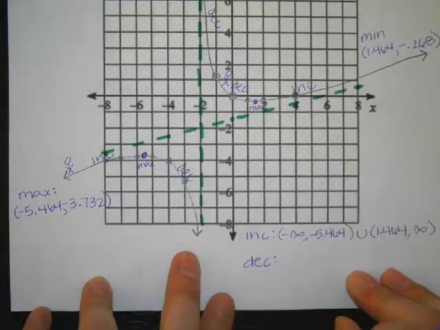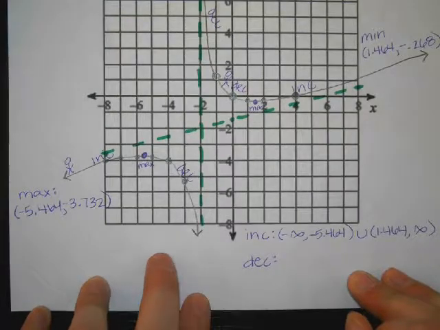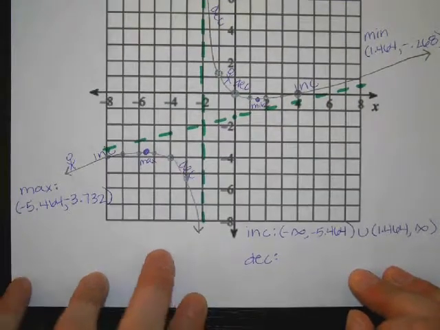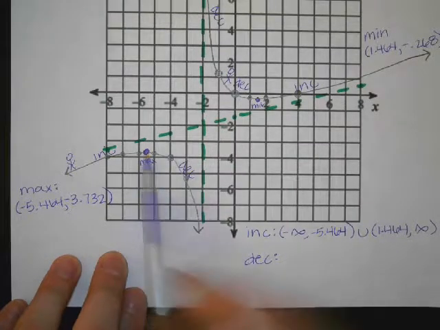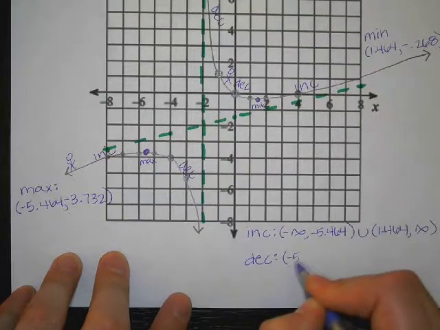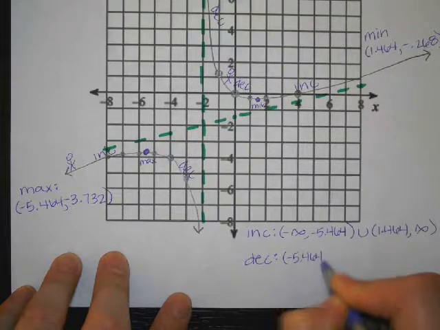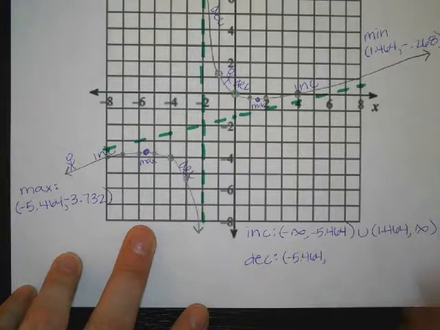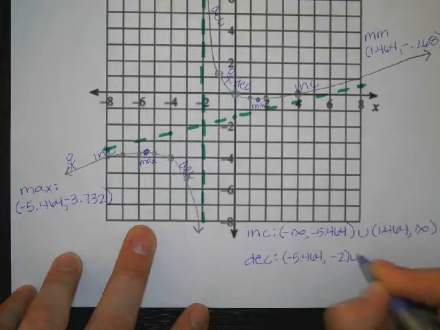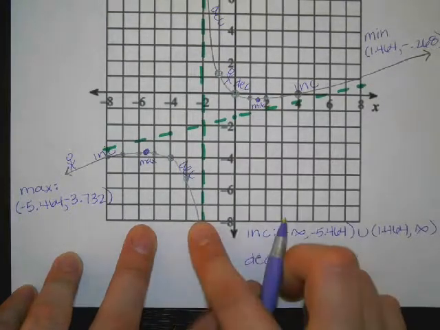All right, for decreasing, where is the first place he starts decreasing? To the x value at the asymptote, which was negative 2. And then we have a different stick figure, so we have a different answer now.